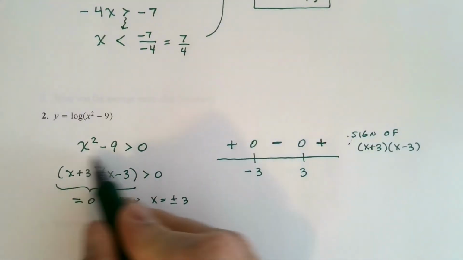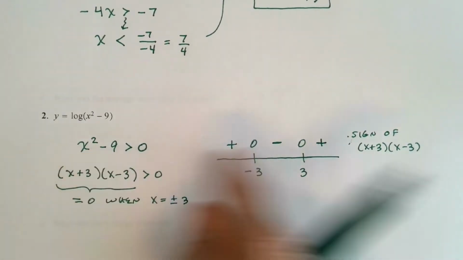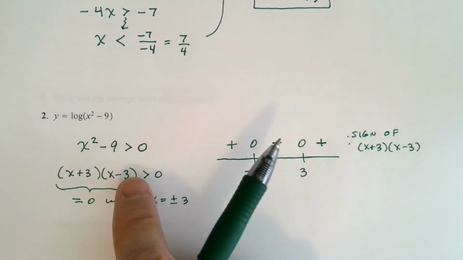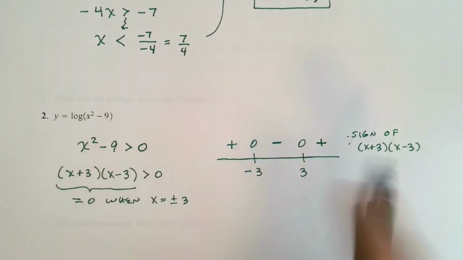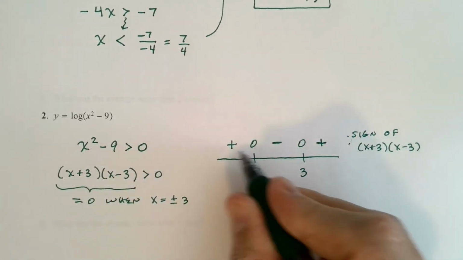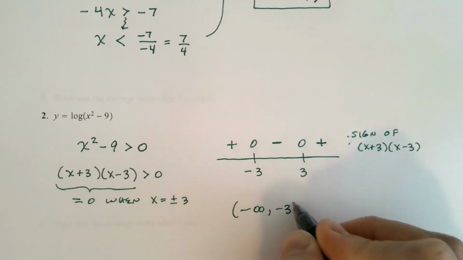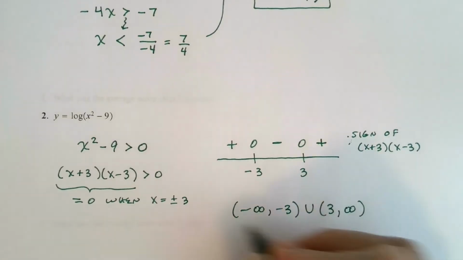But you might recognize x squared minus 9 is a parabola opening upward, just the parabola x squared shifted 9 units down. But there's the sign. And so what are we looking for now? We're looking for when x squared minus 9, or this factored expression, is greater than 0. So it's greater than 0 where we see the positive quantities. Everything less than negative 3, everything greater than positive 3.